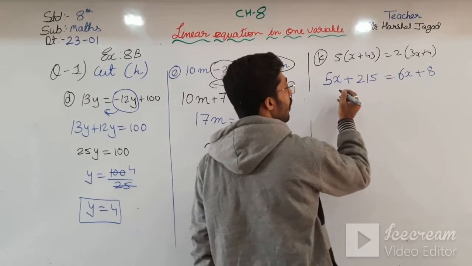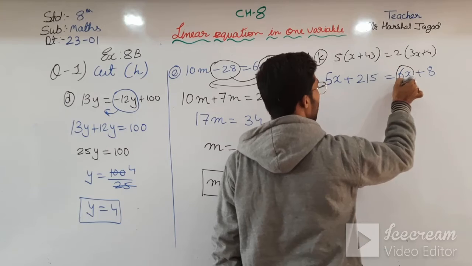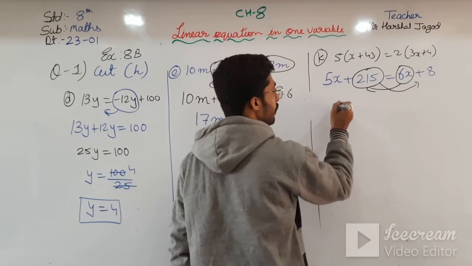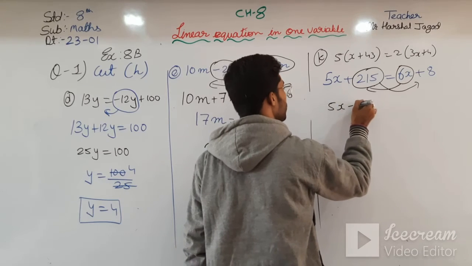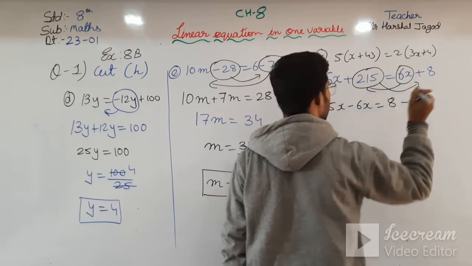Here, when I take this 6x towards this side, like terms, and this towards this side, so 5x minus 6x is equal to 8 minus 215.